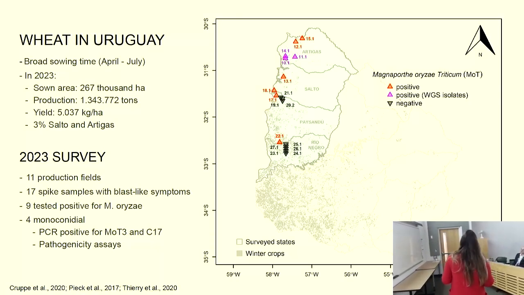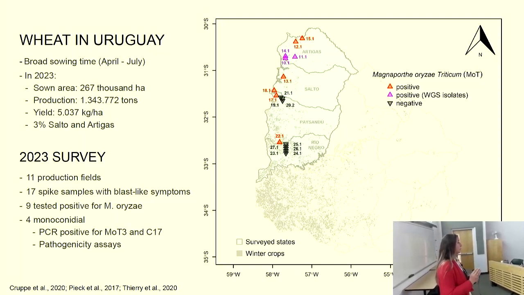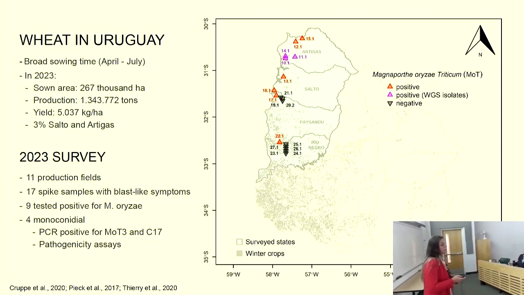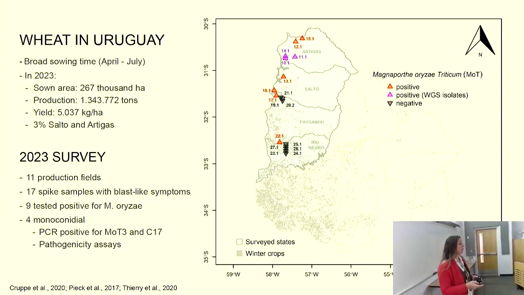And then we were able to get 4 monoconidial samples from those 9. And those 4 monoconidials, we did DNA extraction, and we ran the characterization markers for MoT, the Triticum pathotype, and they were positive, okay?